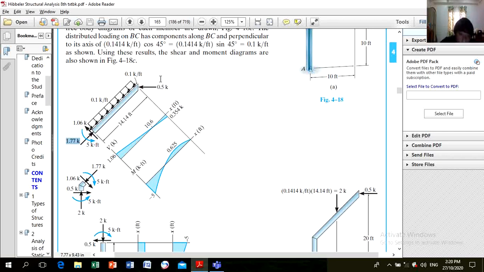Again, this is 0.1 times 14.14 minus 0.5 sine 45. It will give you a value of 1.06.